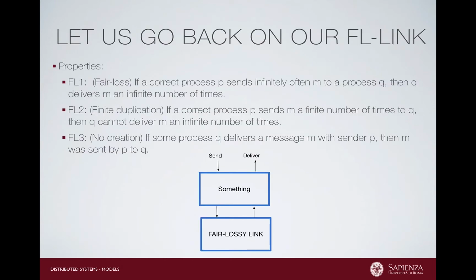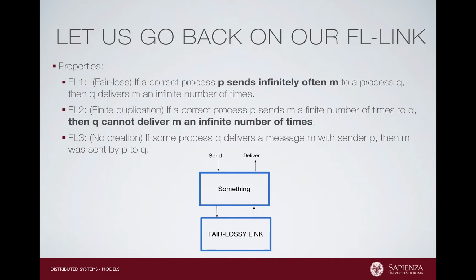And so let us go back to our fair lossy link, and these are the properties of the fair lossy link. We have our fair lossy box below, and we want to build something above that exposes send and deliver, so it's always a channel, and this something is more powerful than the fair lossy.